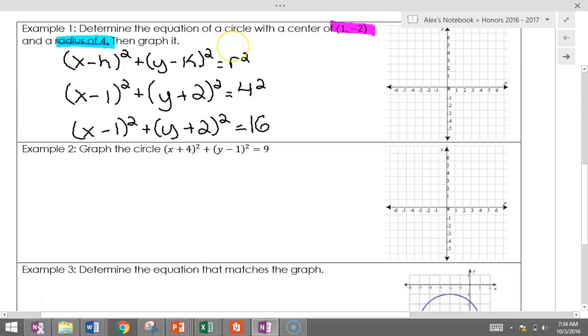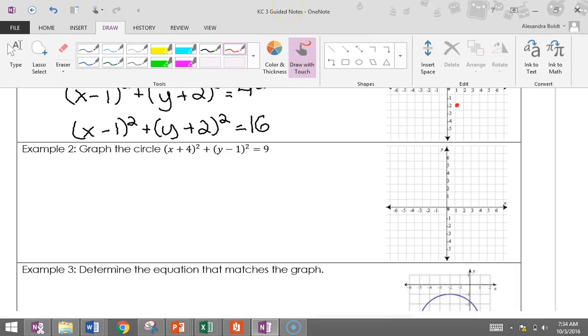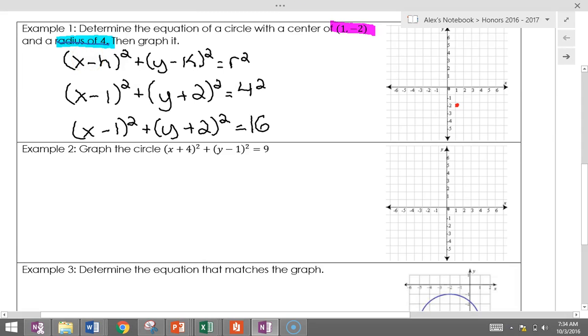So when I graph this circle, always graph your center first. I go over 1, down 2. So there's my center. And then to draw the actual circle, we use the radius of 4. So we're going to start at this point and go 4 units in up, down, left, and right, all our main directions.